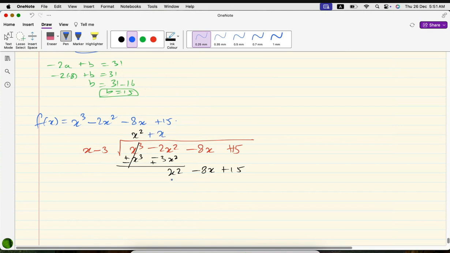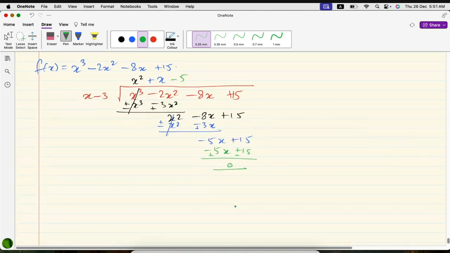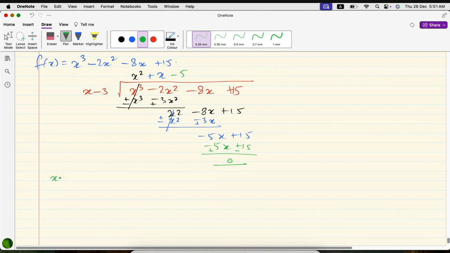With x, we get x square minus 3x, minus 5x plus 15. So with minus 5, we get minus 5x plus 15 and 0. x minus 3 into x square plus x minus 5.